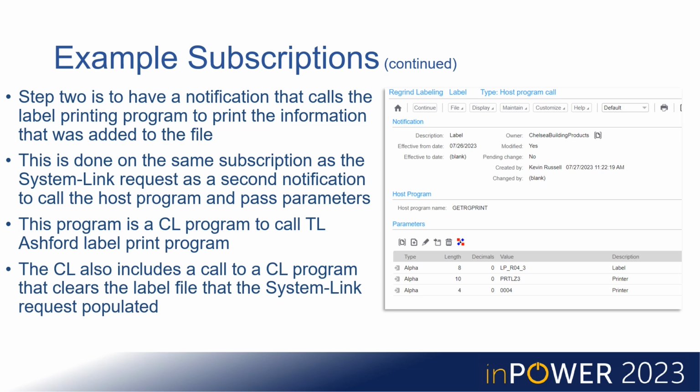I have parameters that you have to use to call that CL program, so you can define those parameters here, and it sends it. It calls the program just like you're calling it from a command line, fills it with those parameters and runs the program.